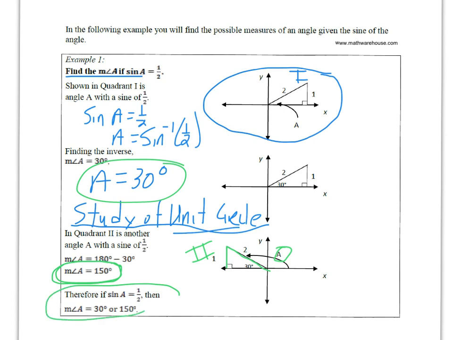So there are two solutions to this equation, sine of A equaling 1/2. This idea of there being two solutions because of quadrant 1 and quadrant 2 leads to an ambiguous case for certain triangles. And that's what we're going to look at next.